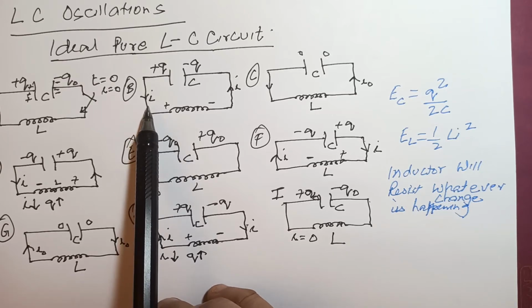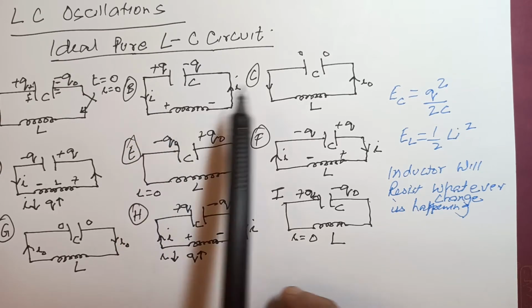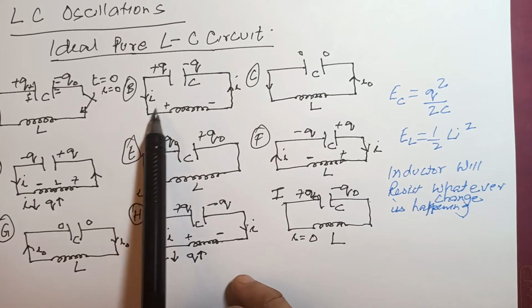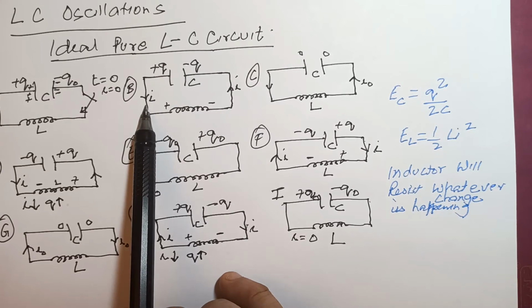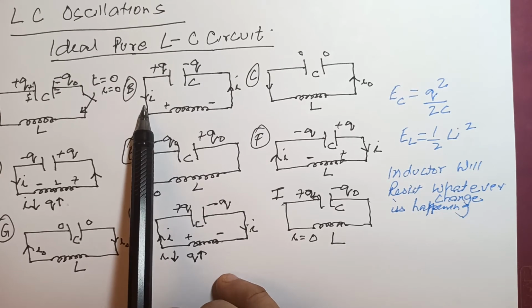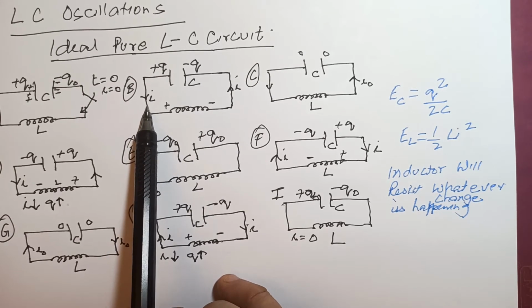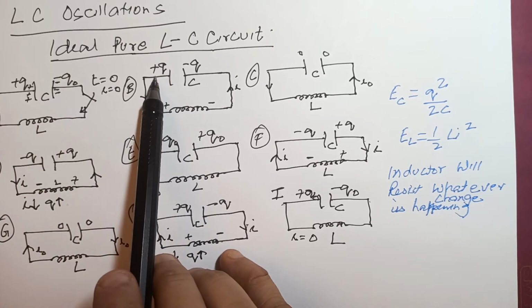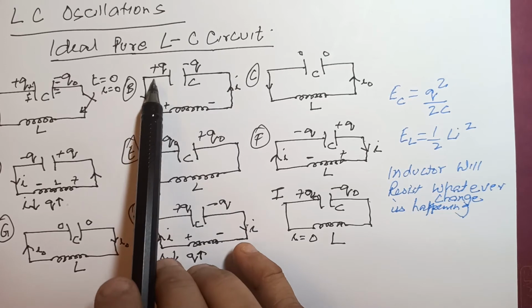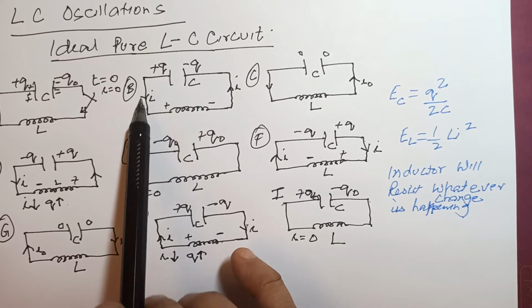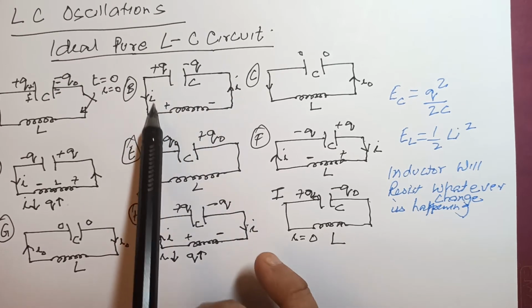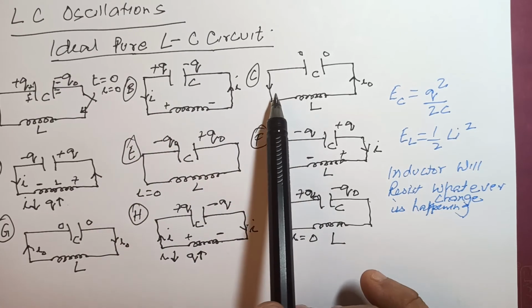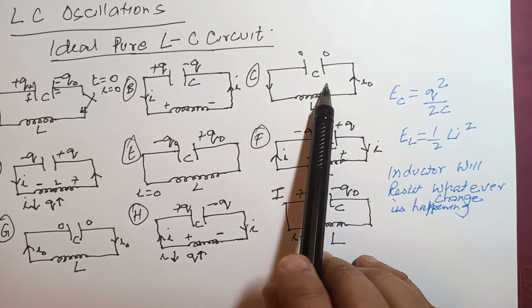It would have been the peak current I naught if there had been no inductor, but in this case there is the inductor, so it has just started, and the current here is I. Plus Q and minus Q, and the current will flow from positive to negative, in this direction. Correct?